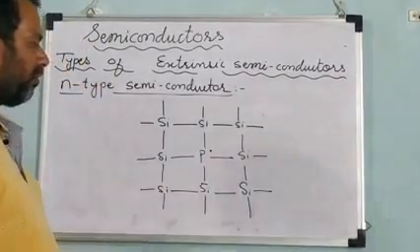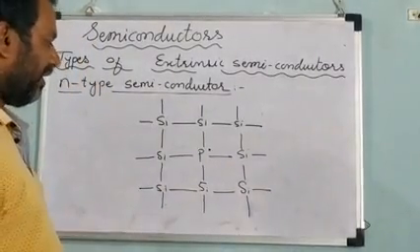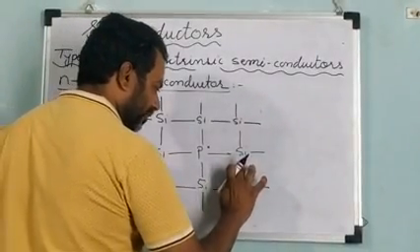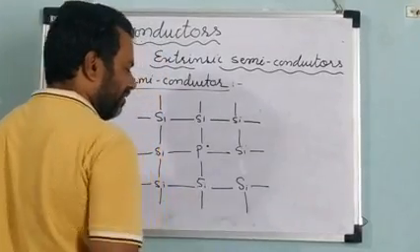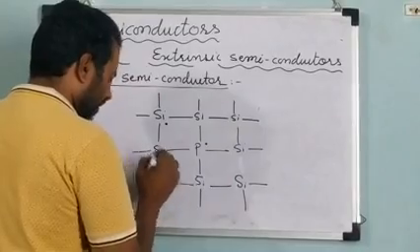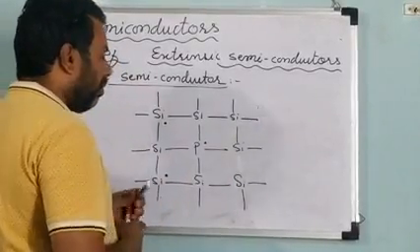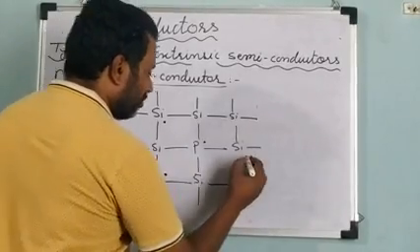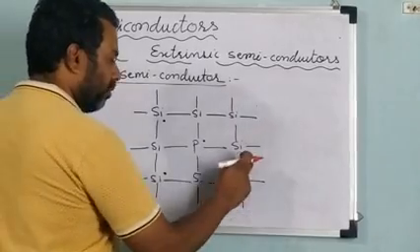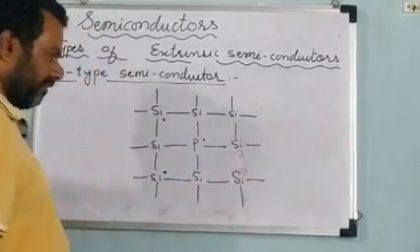Now suppose because of thermal agitation, any of the bonds breaks. Suppose this bond breaks, then the 2 electrons present in this bond will get shifted to some other atoms in the crystal, and 2 holes will be generated in place of those 2 electrons. Now you can see that here there are 2 holes and 3 electrons.